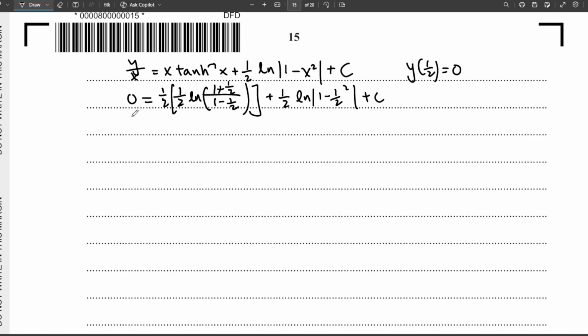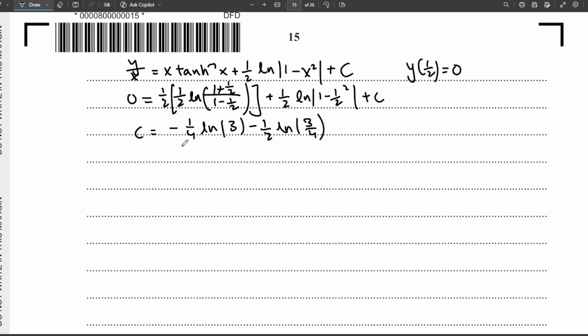So c will be the negative of whatever the whole thing of this is. So c will be negative 1 over 4 natural log of, this becomes 3, and here also it will be minus 1 over 2 natural log of 3 over 4.